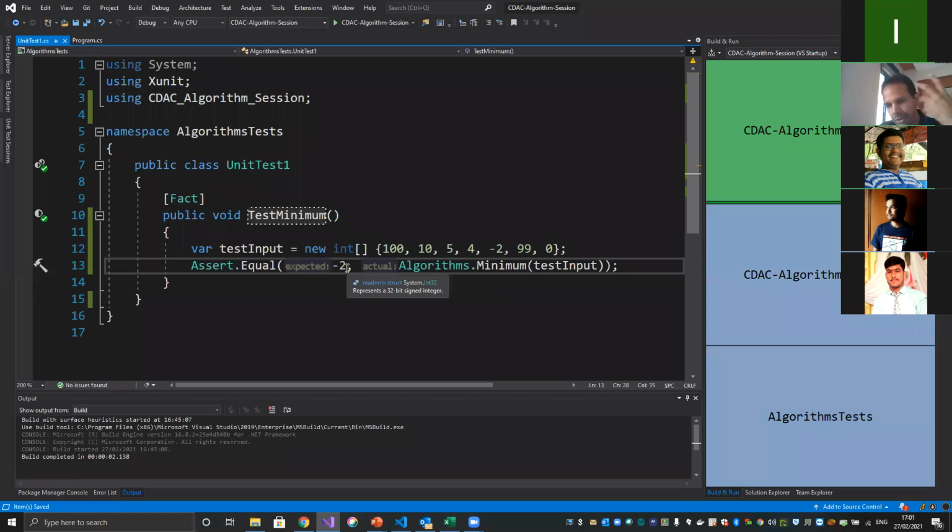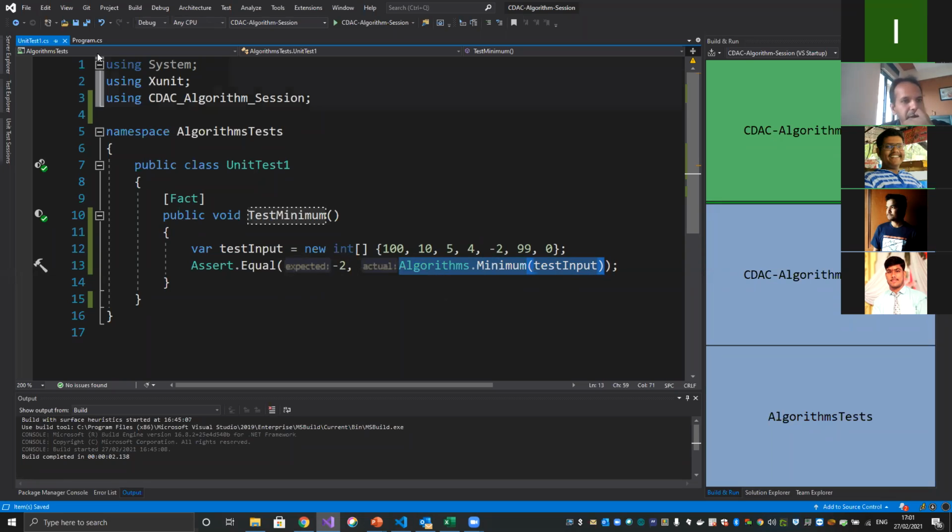I'm expecting -2 to come back, and then I'm giving the actual value. The actual value I get is by calling this algorithm and providing this test input. I'm designing my test, and I'm saying for this input, I should get -2. You see here, written expected and actual.